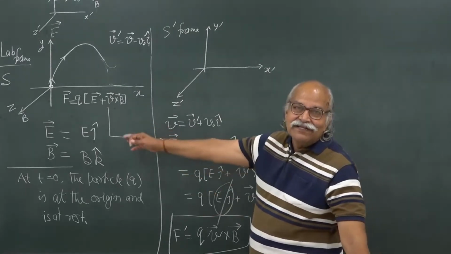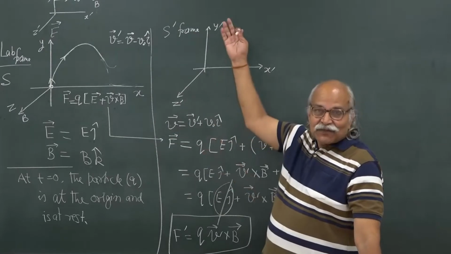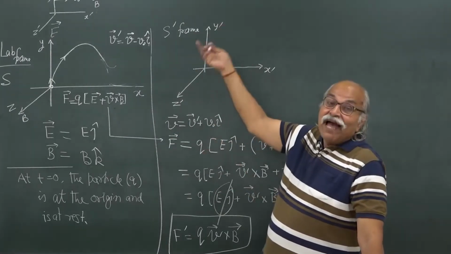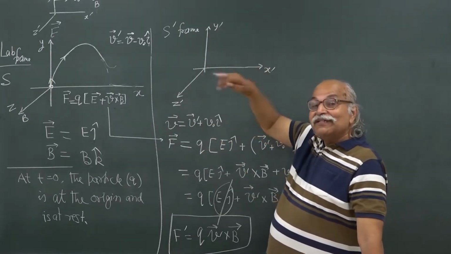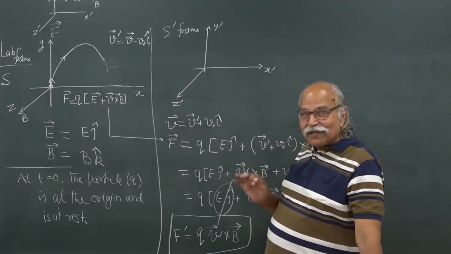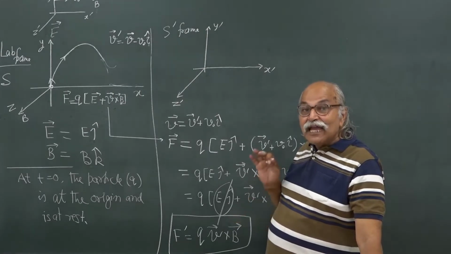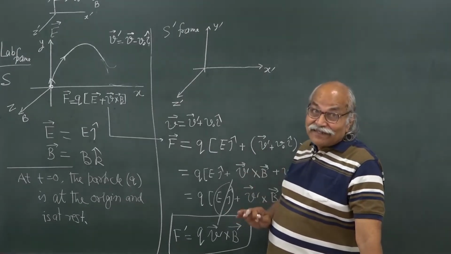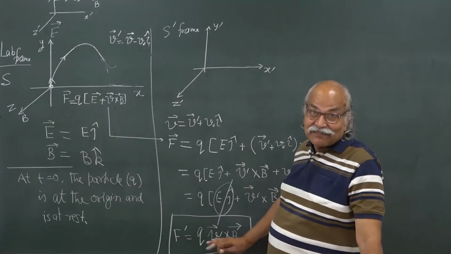It is E here, it is 0 here. There are cases in which the magnetic field will meet the same fate. So electric field and magnetic field are not absolute quantities, they are frame dependent quantities. That is a great message from this.